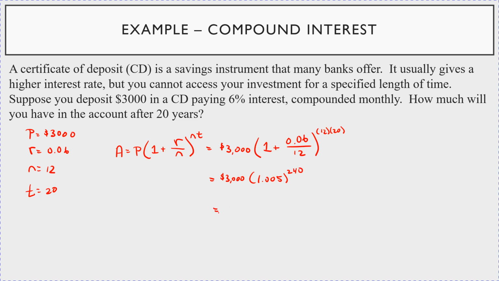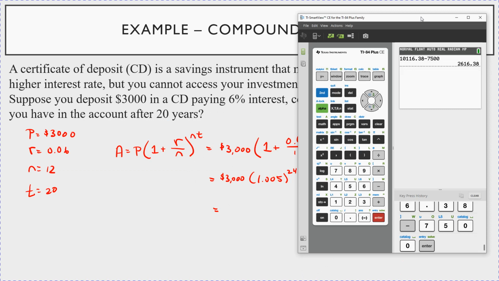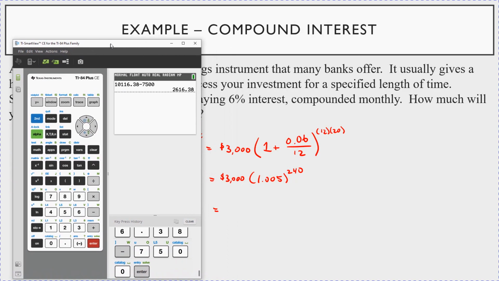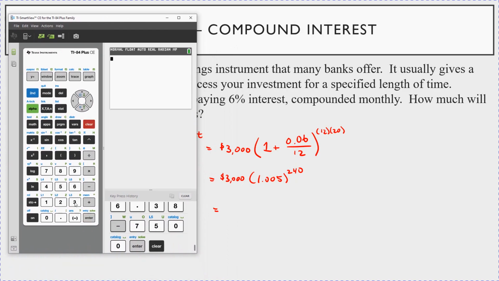So after 20 years, like if you deposited at 20 and you turn 40, how much will you have on your 40th birthday? So you're going to go $3,000 times 1.05 raised to the 240th power.